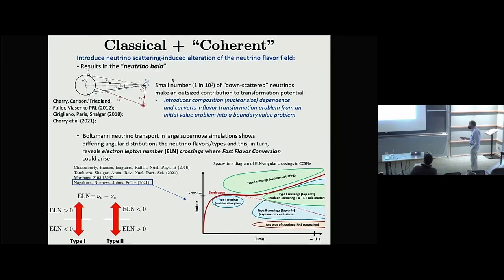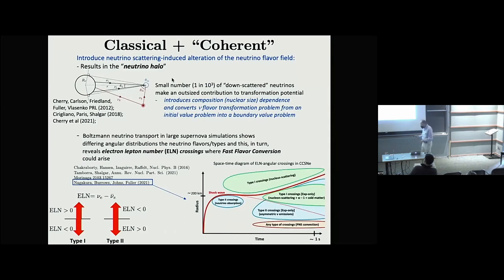And here's the radius for the shock wave in red for an exploding model, red dash for a non-exploding model, versus time, on a scale of about 1 second. You see there are various types of these electron-lepton number crossings that depend on whether there's a dominance of nu e going outward and nu e bar going downward, or vice versa.